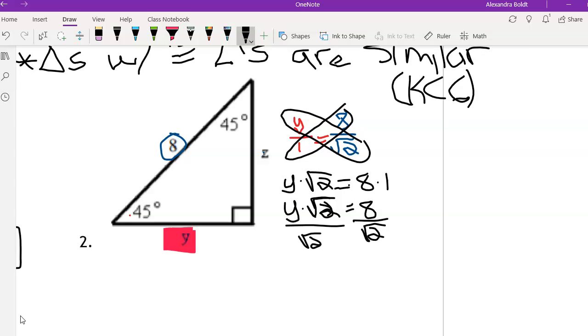I'm going to divide by square root 2. So y equals 8 over square root 2.